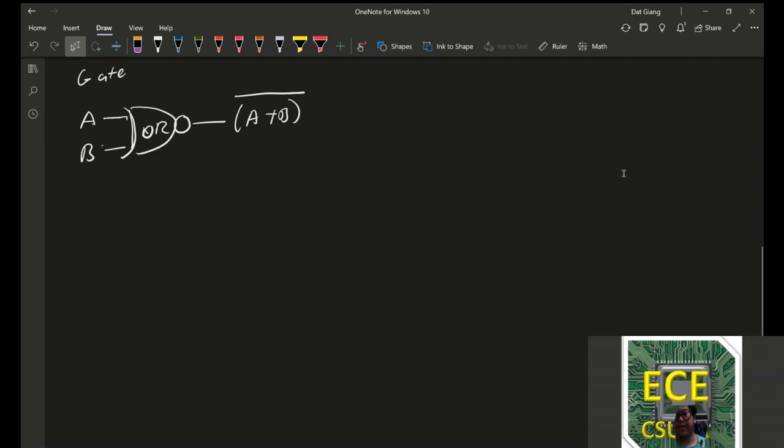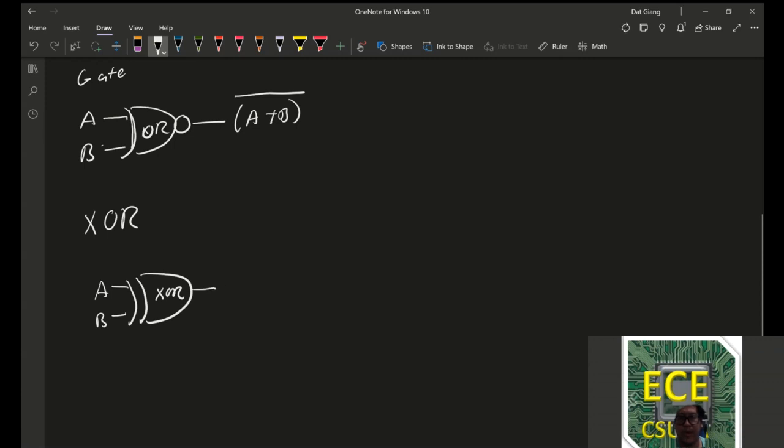Another gate that's also popular is an XOR gate, or sometimes I call it an exclusive OR gate. We have A, B going into this gate, which has a confusing symbol with a double curve.